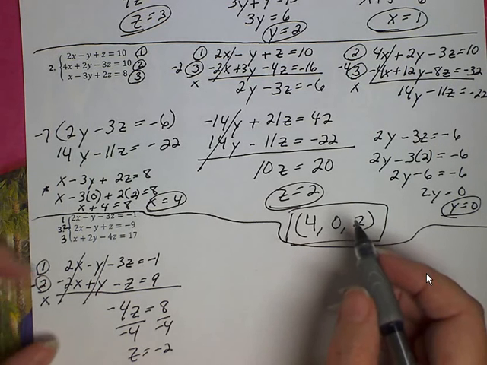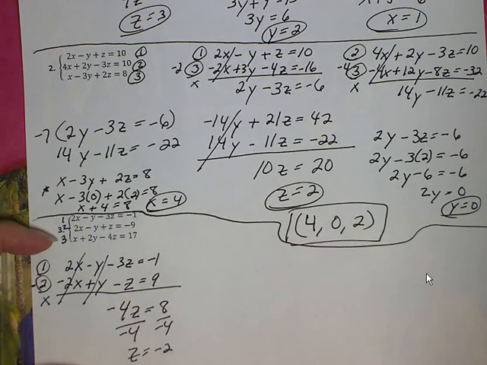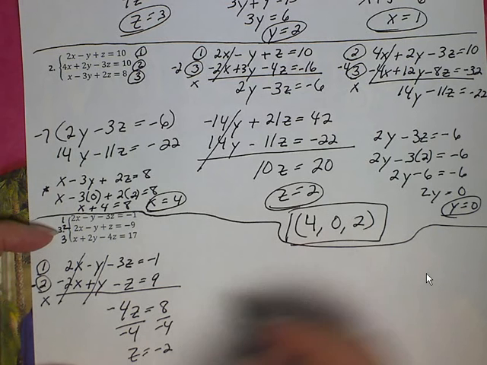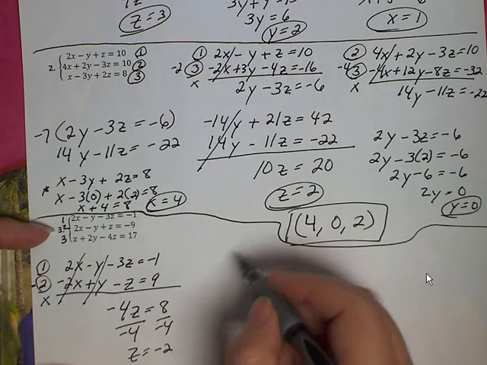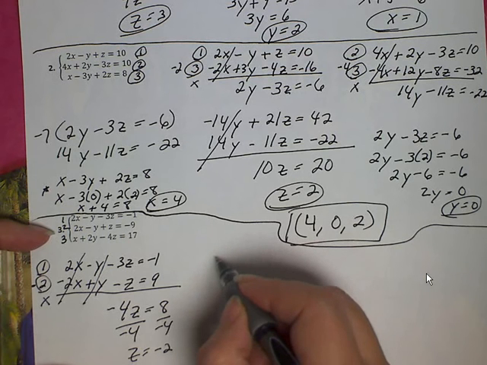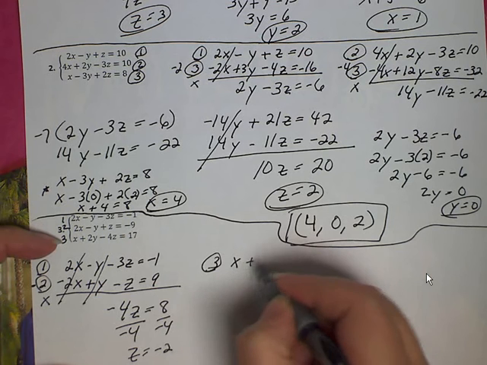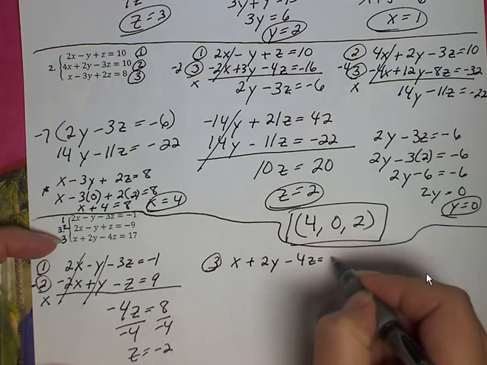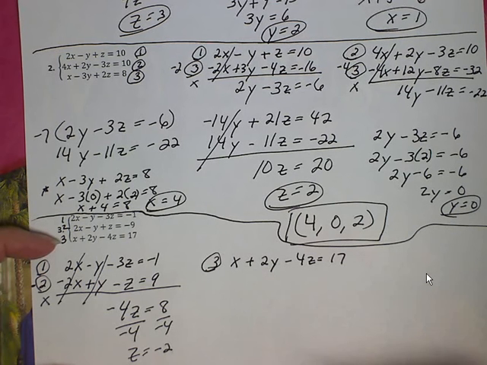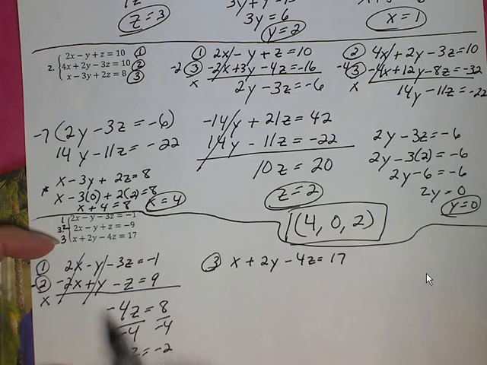We still need to get the bottom two, so I have 1 and 2, so I have to use 3. So I have x plus 2y minus 4z is equal to 17. And I want to get rid of x or y, because since they both canceled out, I can get rid of x or y.